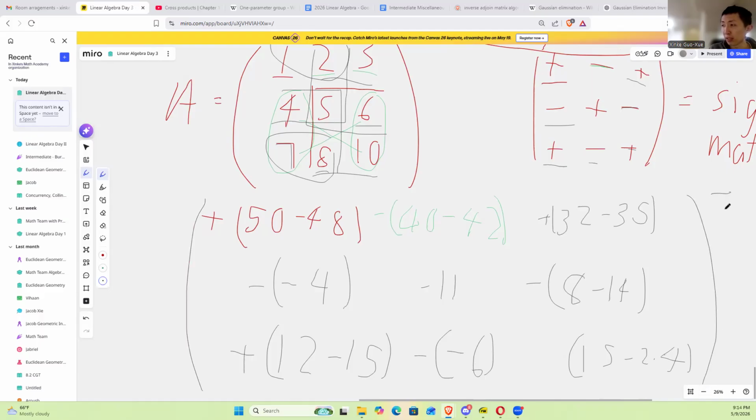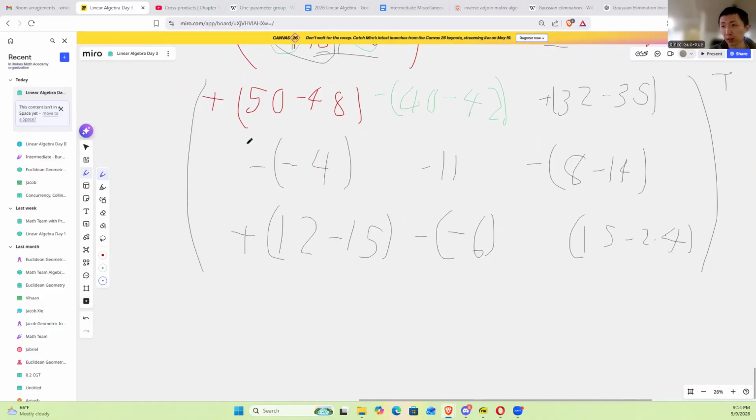We take the transpose of this, which means we flip it over the main diagonal. In other words, all the rows become columns and all the columns become rows. So we write 2, 2, negative 3 here, 4, negative 11 here, and then we do the same thing here.